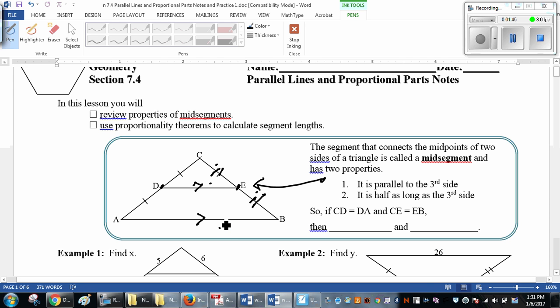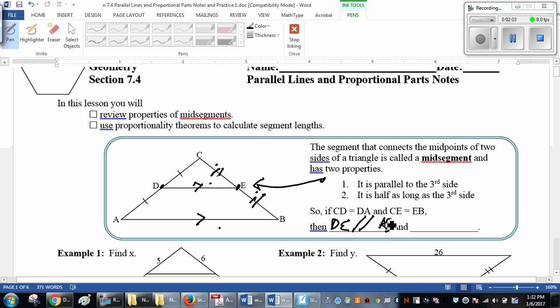So if CD equals DA, that's given, and CE equals EB, then we know that DE is parallel to AB. That's our midsegment. We already marked that in our picture.